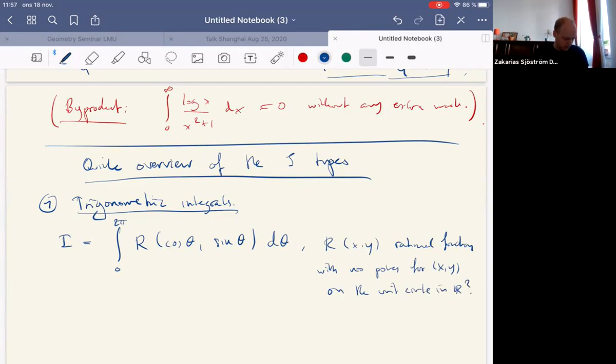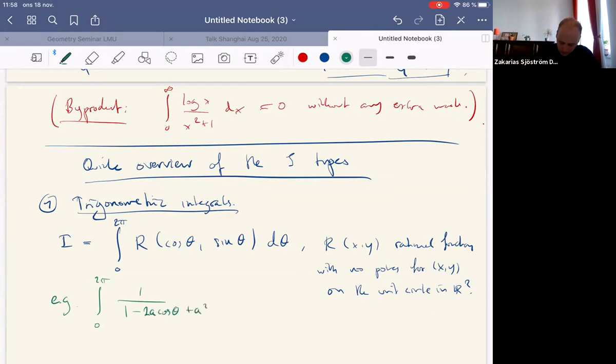Okay, so an example could be something like the integral from 0 to 2 pi of 1 over 1 minus 2a cosine theta, well, 2a, so maybe 4. So it's a typical integral like this.